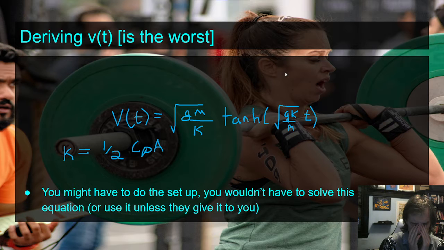Because this is something that you will have to roughly be able to do, but you won't have to be able to do this part specifically, because you don't have this in an integral table basically, and if you did have it in an integral table, it'd be fair game. If you don't have it in an integral table, it is not fair game. So hopefully that makes some level of sense.